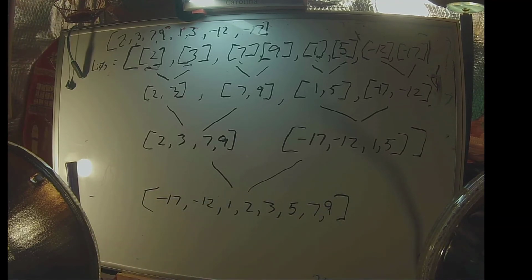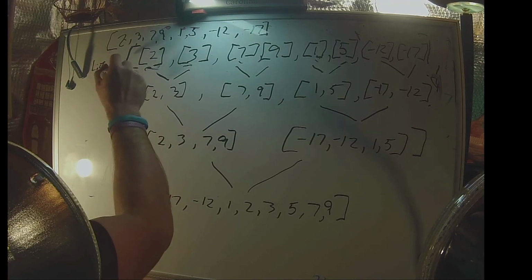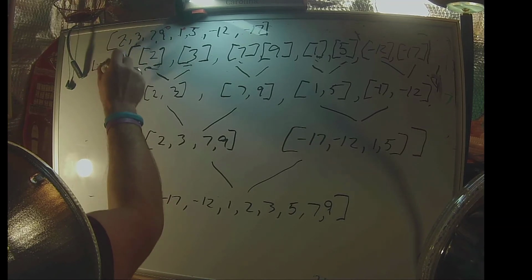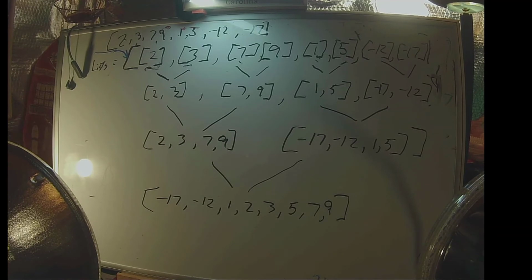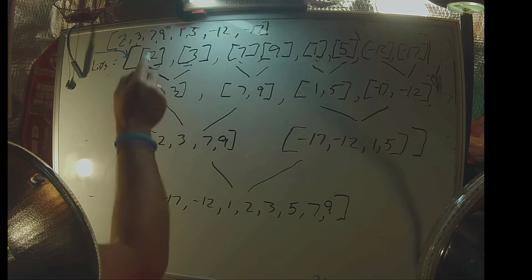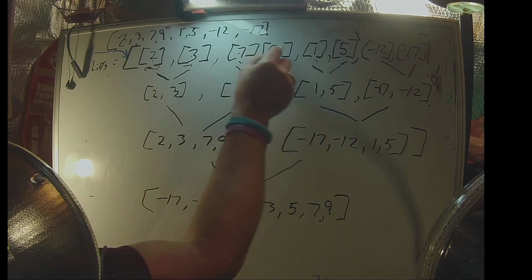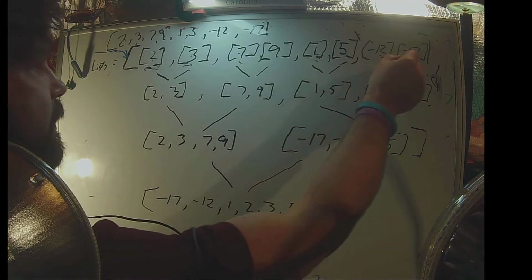Now, here's the interesting part. To generate all the lists of length 1, it took us 1, 2, 3, 4, 5, 6, 7, 8, right?